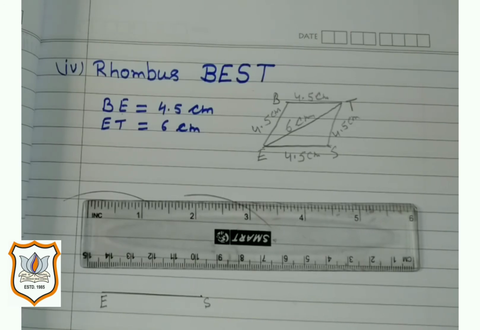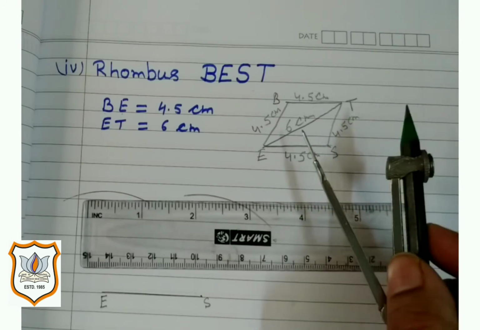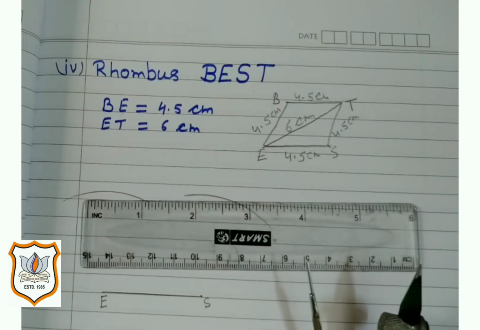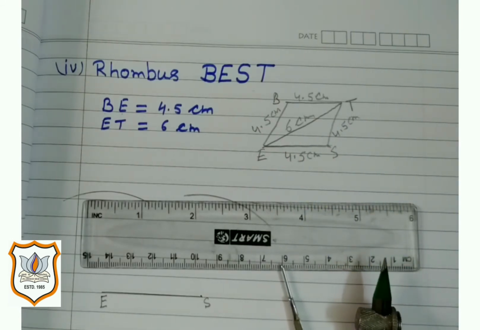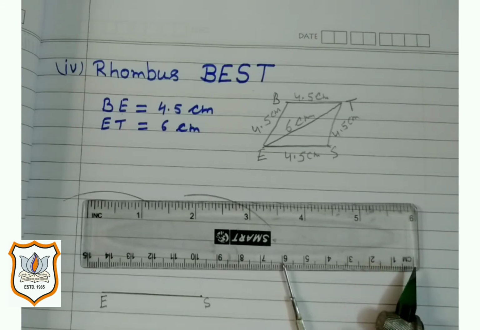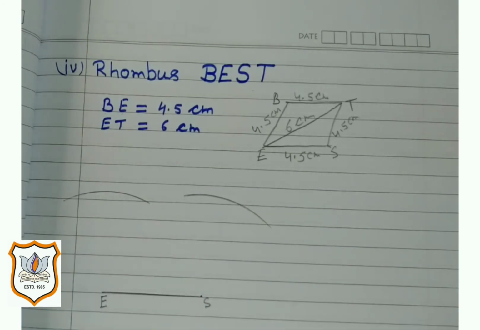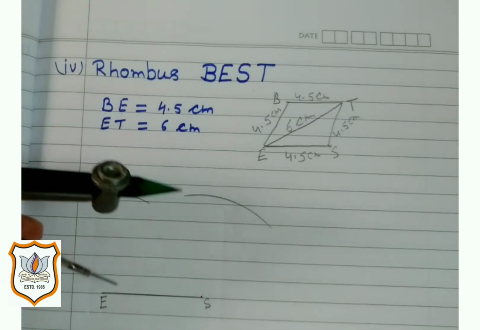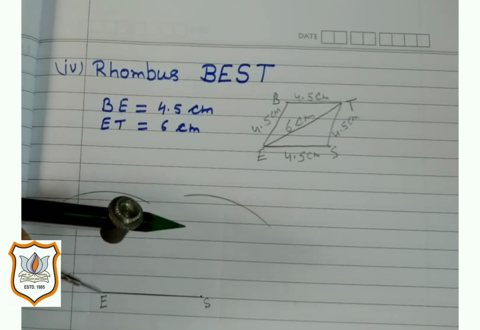Now we will draw ET. So line ET is 6 centimeter. So we will take 6 centimeter in the compass. You can see here, this is 6 centimeter, and we draw an arc with E as a center.